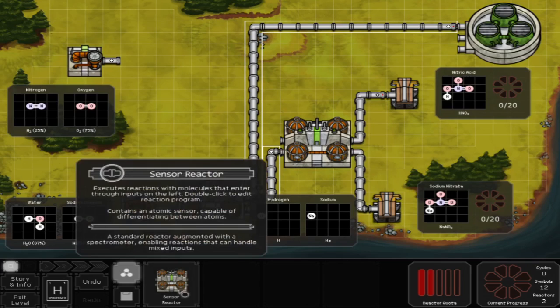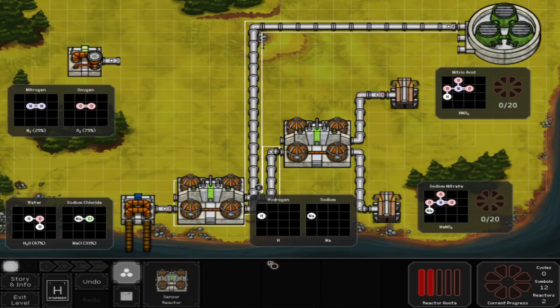Now then, how do I want to handle the gases initially? Do I just want to sort them as is, or do I want to actually break them into atoms? The benefit of doing atoms is that they will be easier for the next reactor to handle.